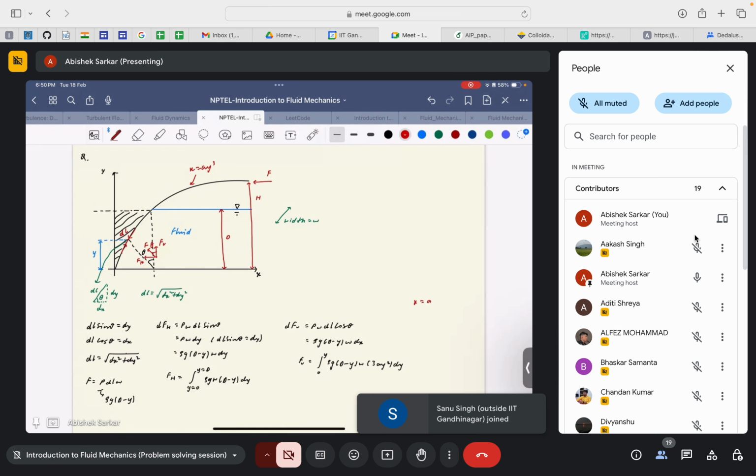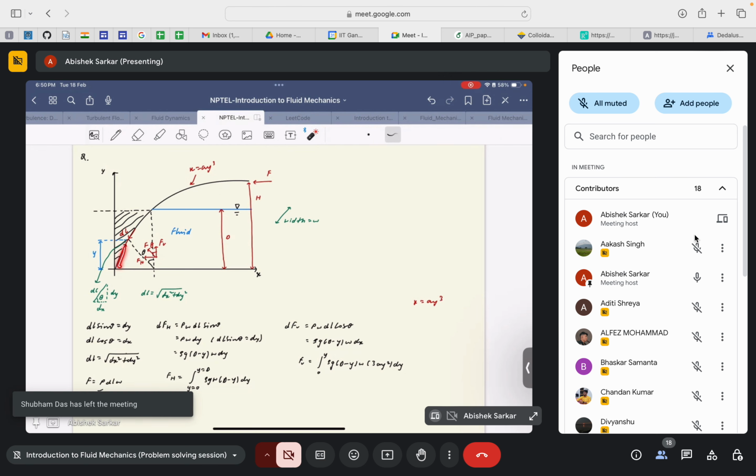x as a y cube, because we are doing integration over this particular shape given by this diagram, we can just consider elemental length dx in terms of y. Now dx, if you take the derivative of both sides, would be 3a y square dy.